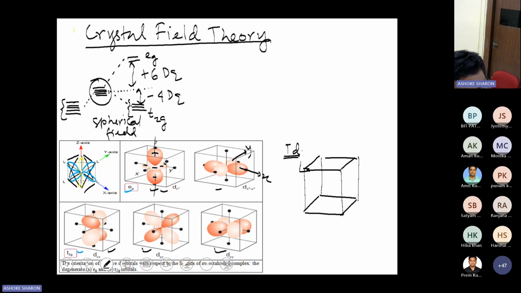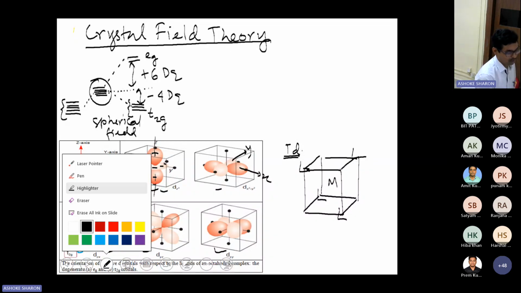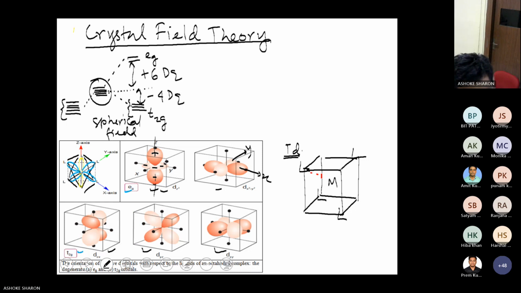So I am writing here an L, another L. So this is along this diagonal. The other diagonal, on the opposite face, will be this one, and at the center there will be the metal. Now you can connect them by certain bonds, and it shows that it is nothing but a tetrahedral.